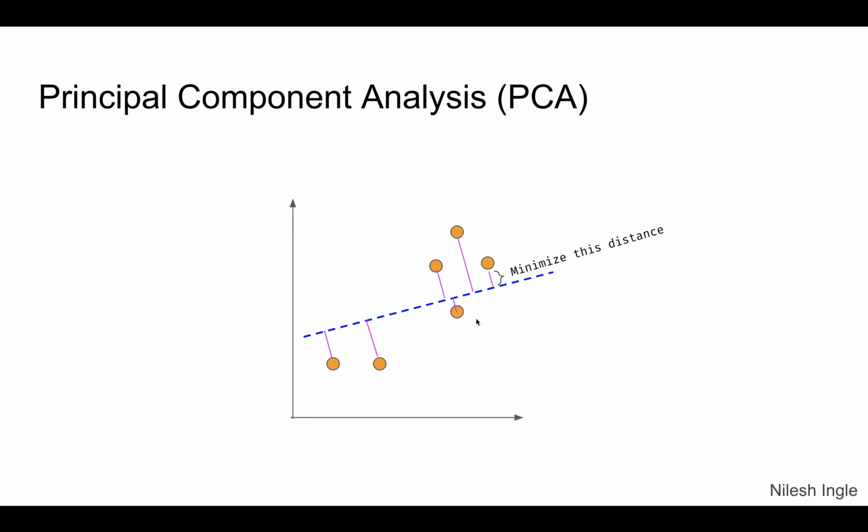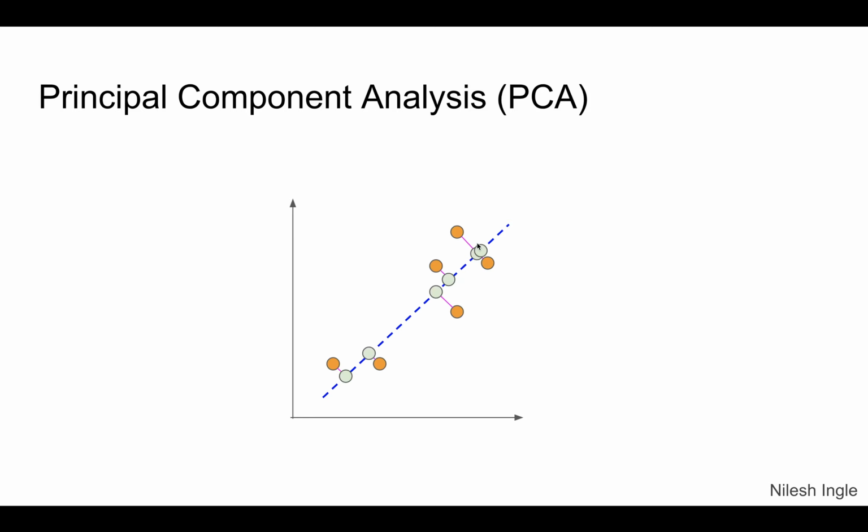And to do that, we can see if we project these points based on this position of the line, then we get this projection of PCA, which is in light green color. And if we put the dotted line in this particular direction, then we can get this projection.